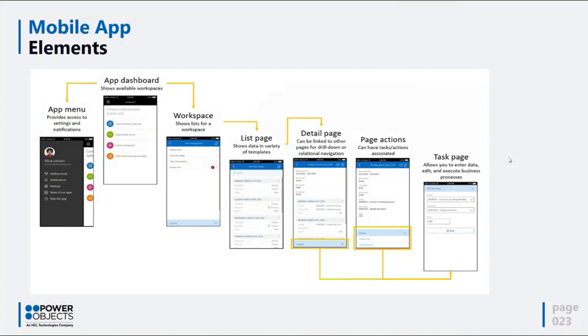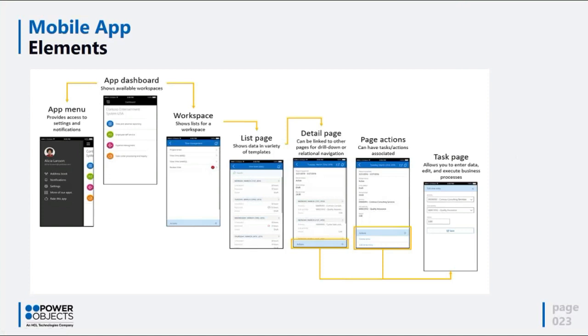So let's say I'm looking at a quote. I can see the header, and then I could drill in, and it would bring up another page that would give me the line item detail. I can also see a list of actions that might be available for that page. So actions lets you create or edit existing data.